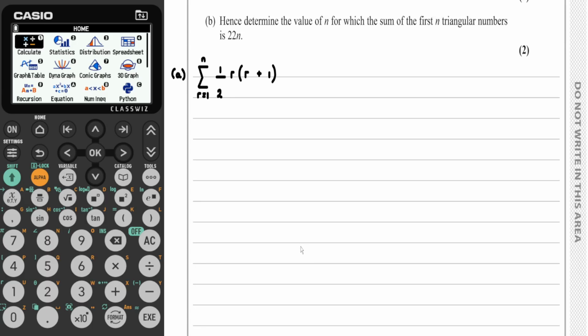So for part A, we've got the sum of the first n triangular numbers, that's given by a half r times (r plus 1). We are going from r equals 1 to r equals n.